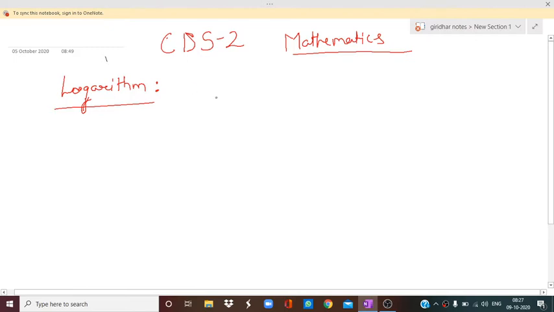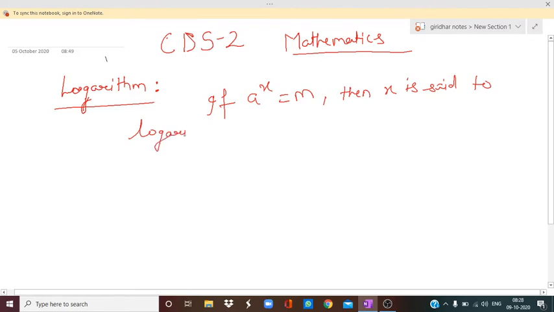First, all of you came to know that regarding the logarithm, if a to the power x equals m, then x is said to be the logarithm of m with base a, correct?